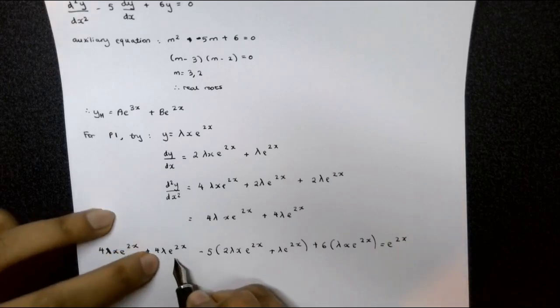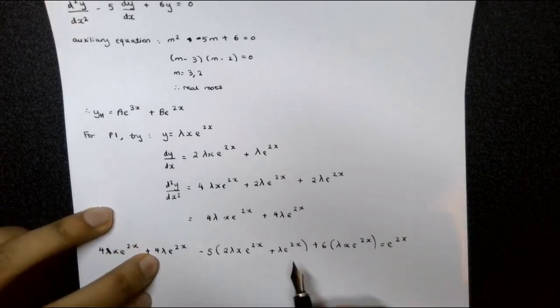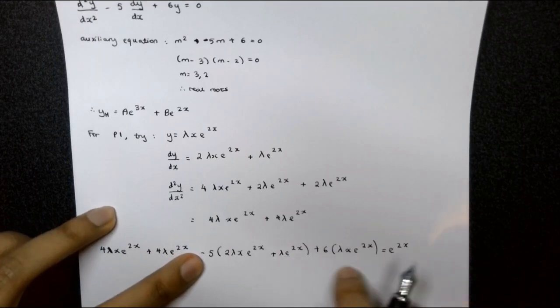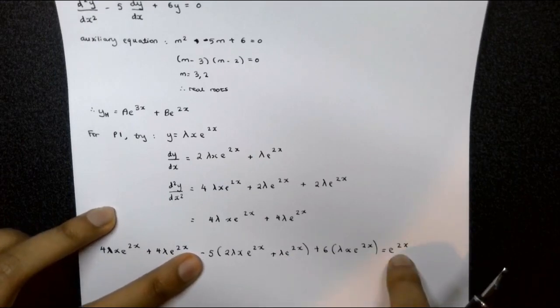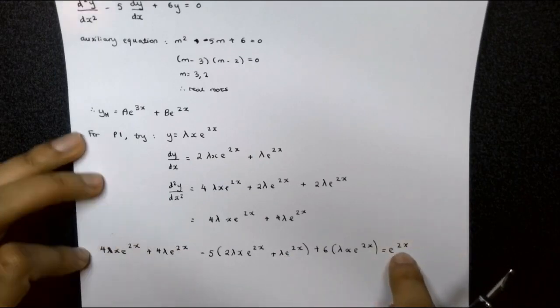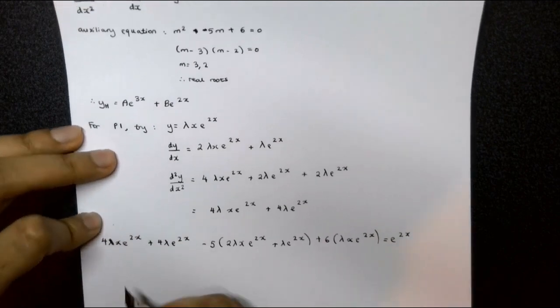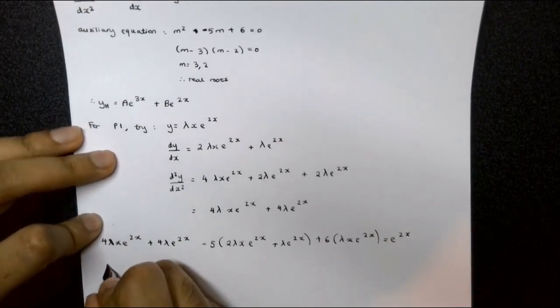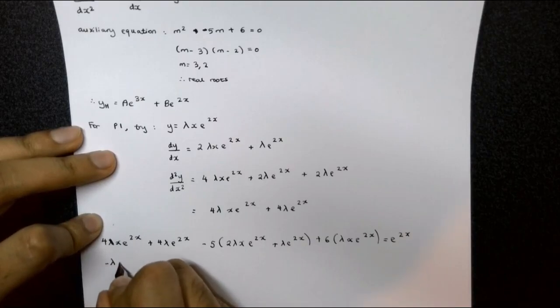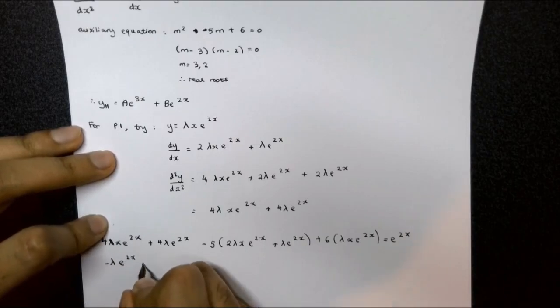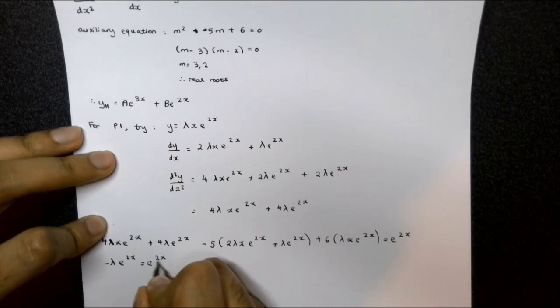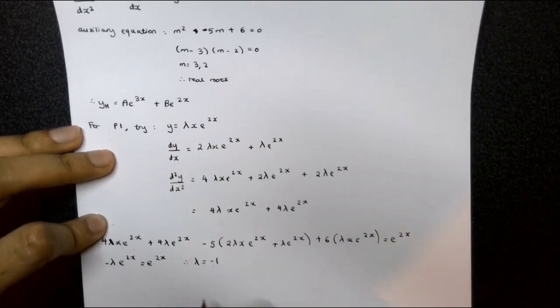And in terms of the e to the 2x's, we've got 4 minus 5, which is minus 1 on the left hand side, and on the right hand side we've got 1. So you can see here by comparing coefficients, we've got minus lambda e to the 2x equal to e to the 2x, and therefore lambda is equal to minus 1.